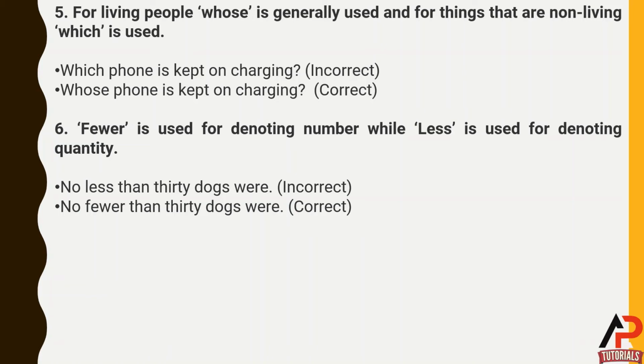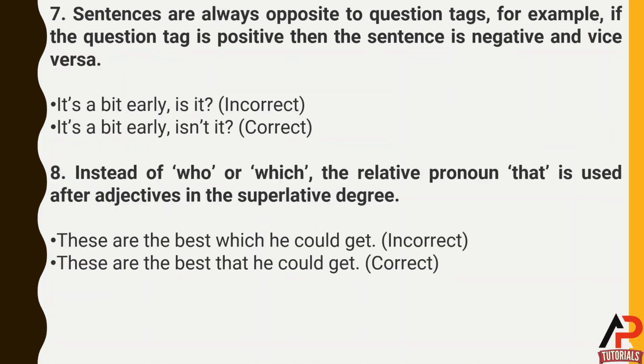"No less than 30 dogs were." Here we are talking about 30 dogs, and as we saw, we use fewer when we talk about number. So in the second sentence, "No fewer than 30 dogs were," we are using fewer here, so it is the correct answer.